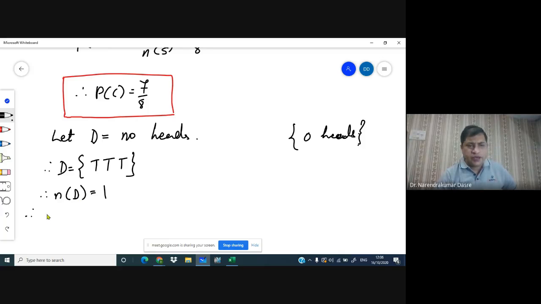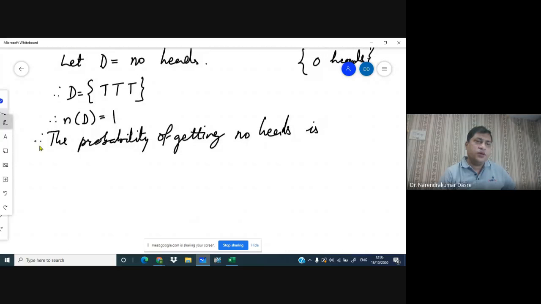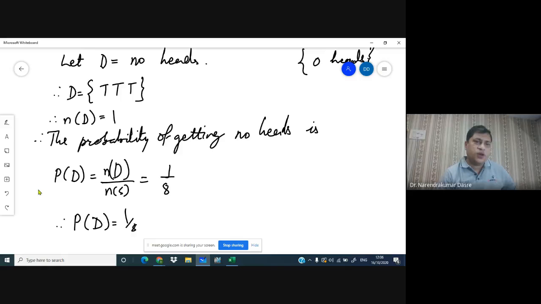Once we know the number of points in D, we are able to write the probability of getting no heads. The probability of D is equal to number of points in D upon number of points in S, which is 1 by 8. Hence the probability of D is equal to 1 by 8.